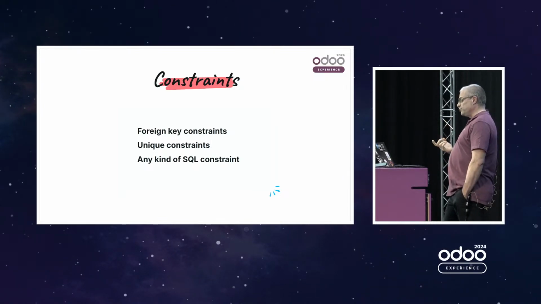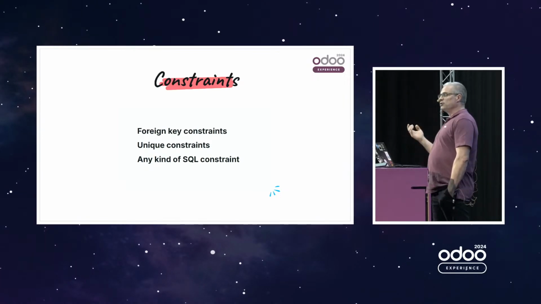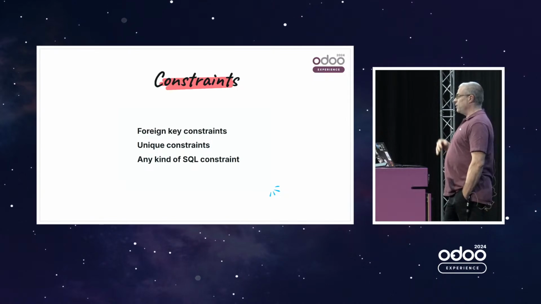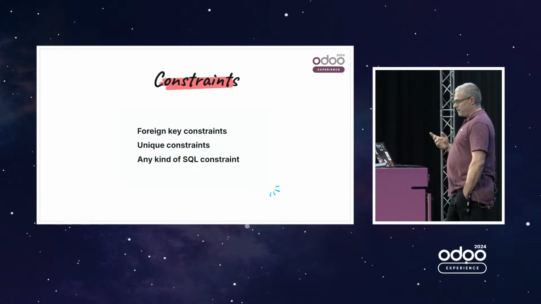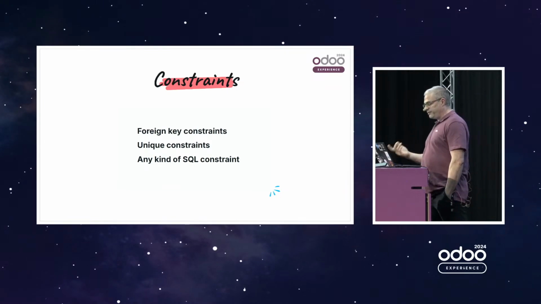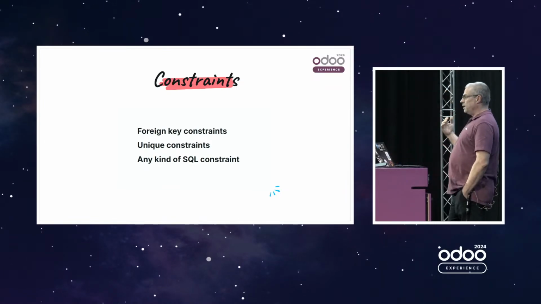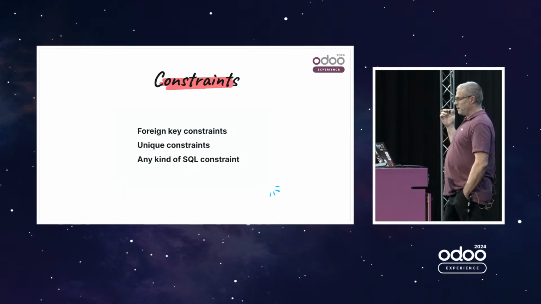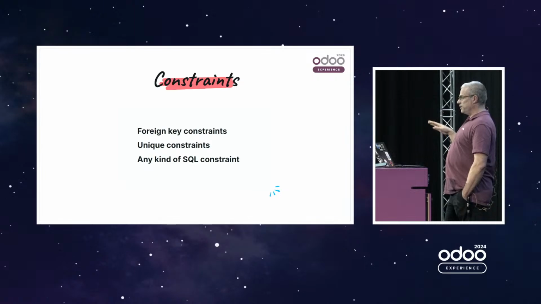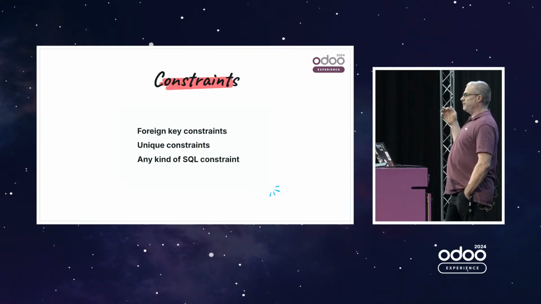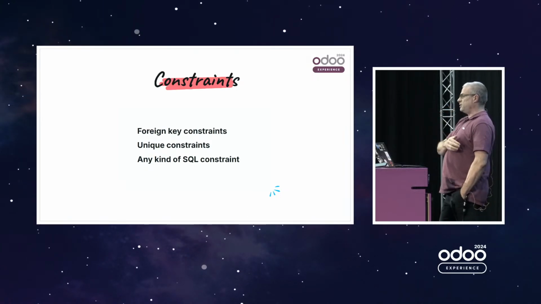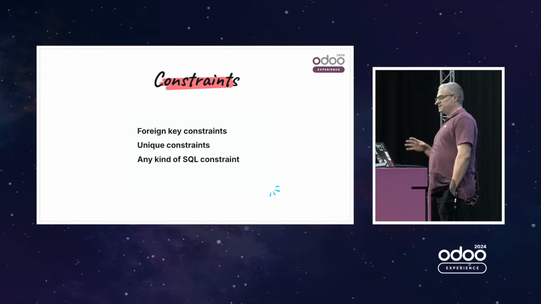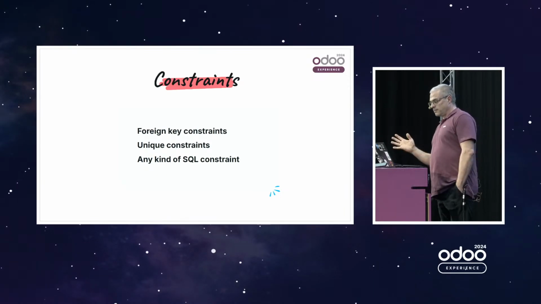In Odoo, we also use any kind of constraints you can define with SQL. So you are able in any class of Odoo to define a constraint which will be stored in the database and controlled by the database. The constraints you store in the database are safer than the constraints you use in Python code. I can go deeper in this area if you want.